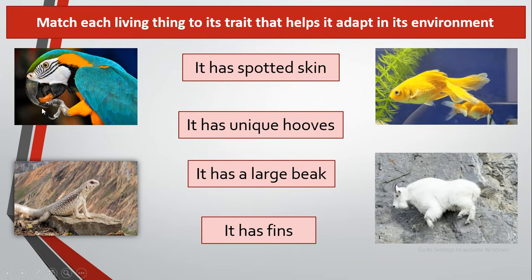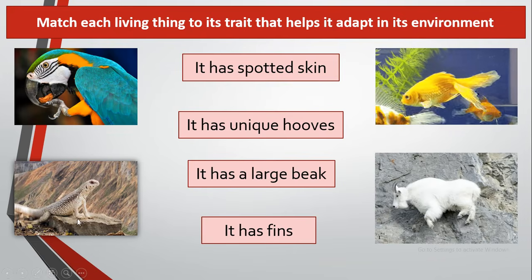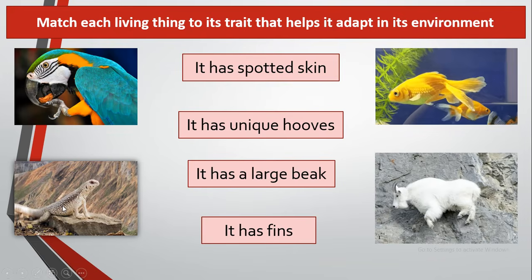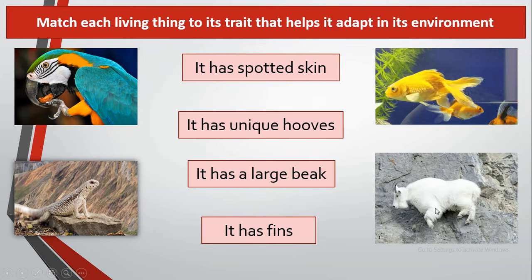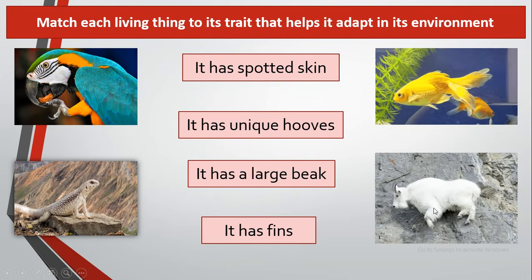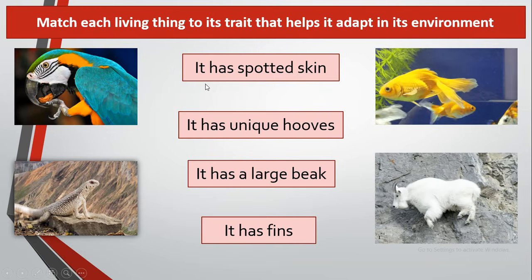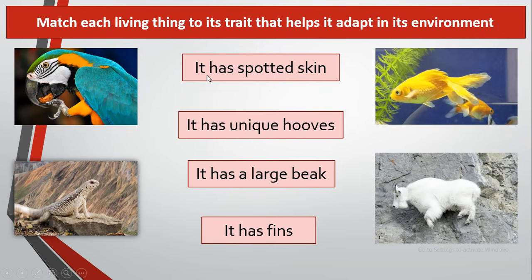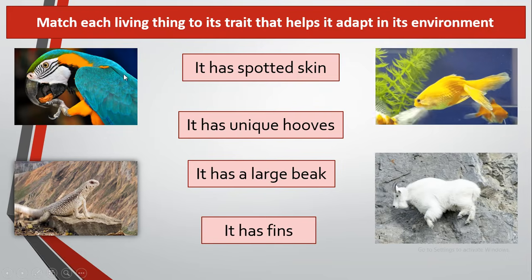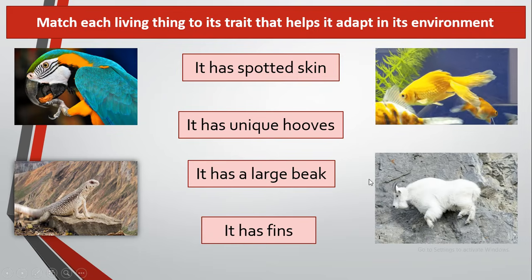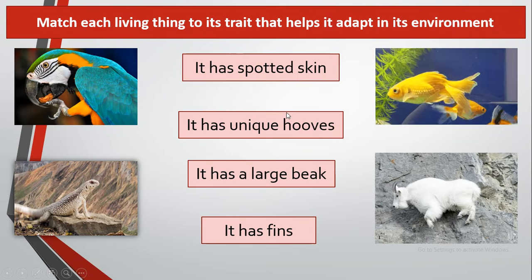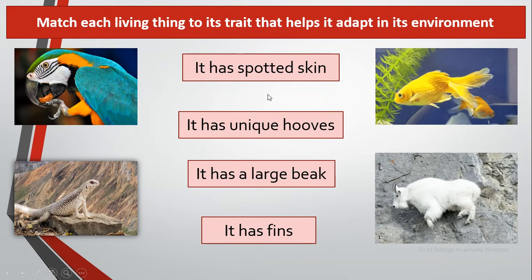Now, in this picture, you can see a macaw, desert lizard, fish, and mountain goat. Now, let's start with it has spotted skin. Which animal of these four has spotted skin?